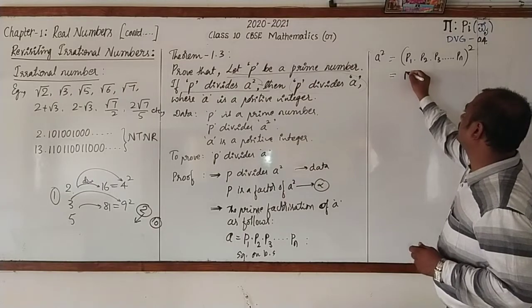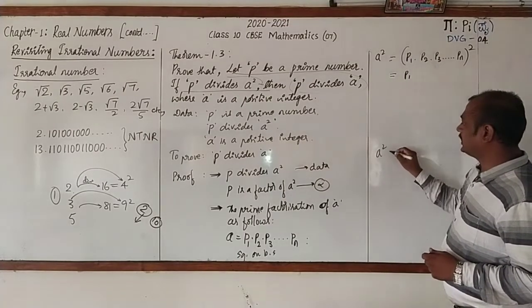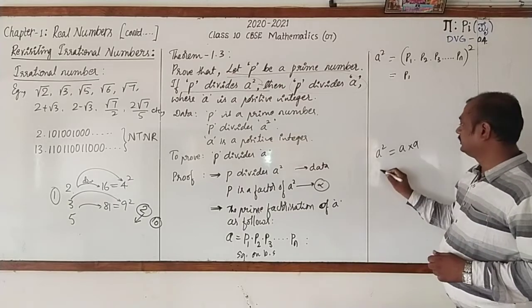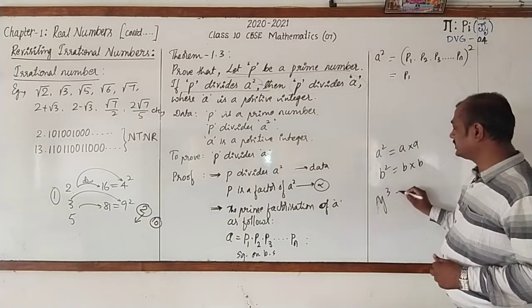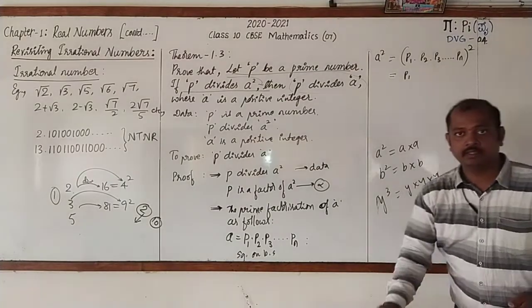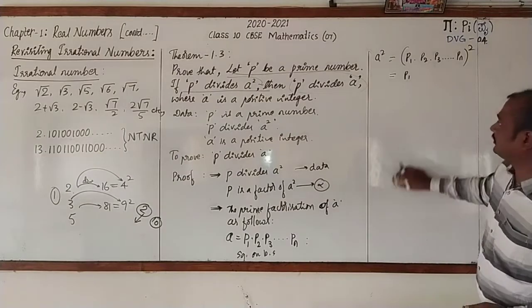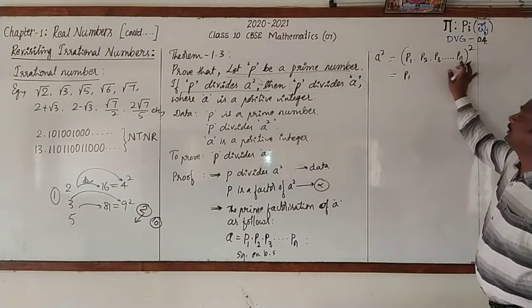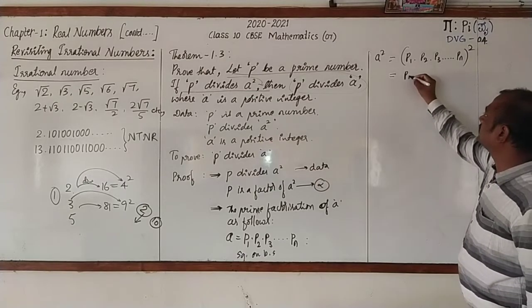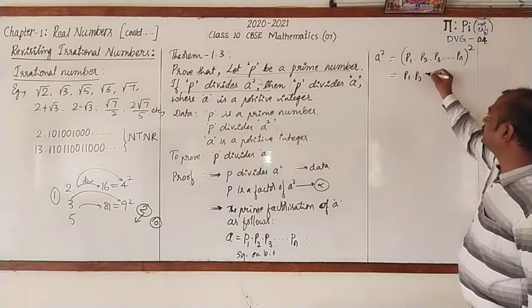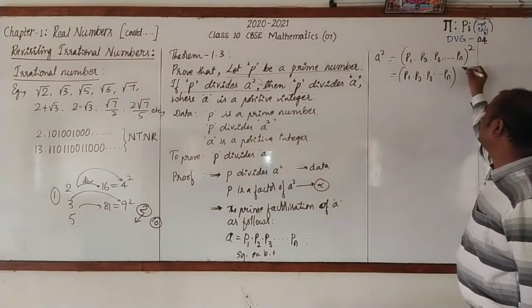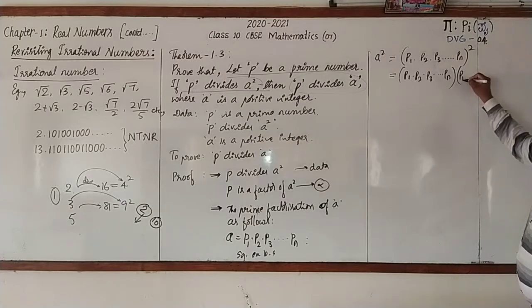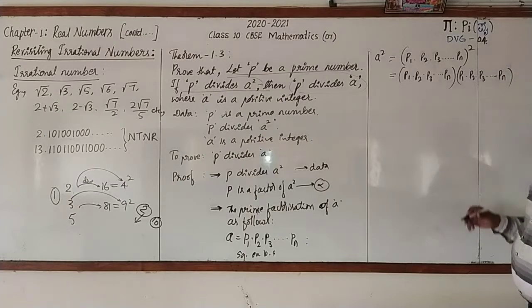Now if A square is there, it can be written as A into A. Then B square is B into B, and Y square is Y into Y. In the same way, as we have written P1, P2, P3 up to Pn whole square, can we write this as P1 into P2 into P3 and so on up to Pn, into again P1 into P2 into P3 and so on up to Pn?